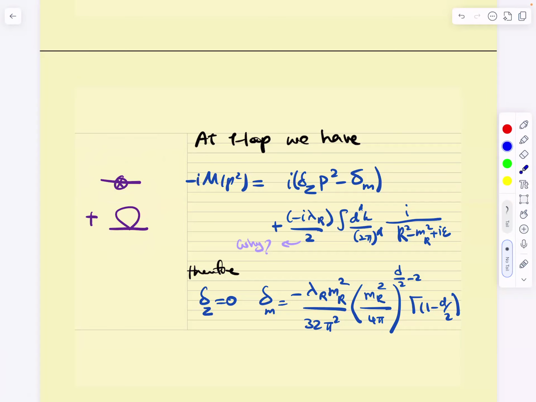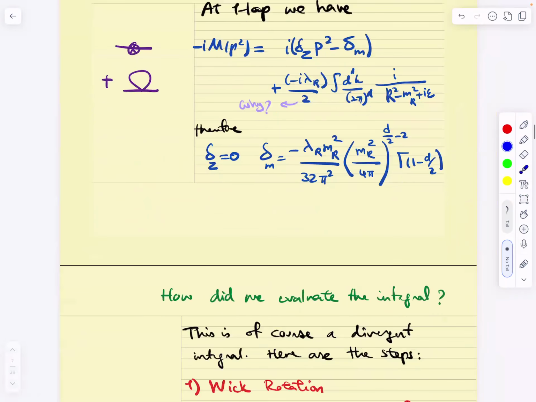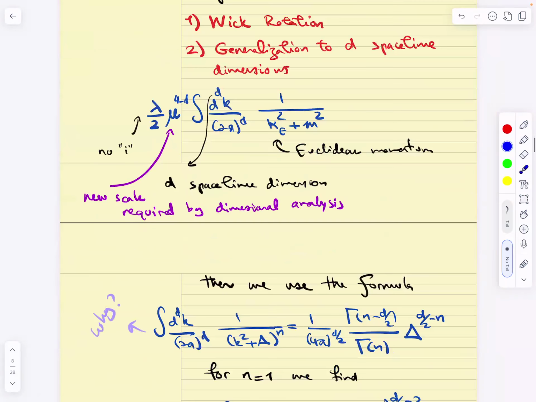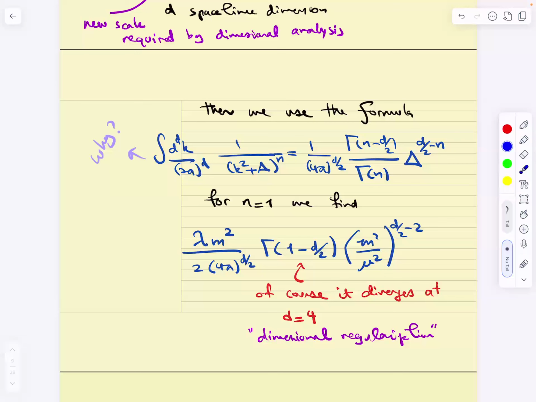The off dimensionality is precisely compensated by mu squared. Good.